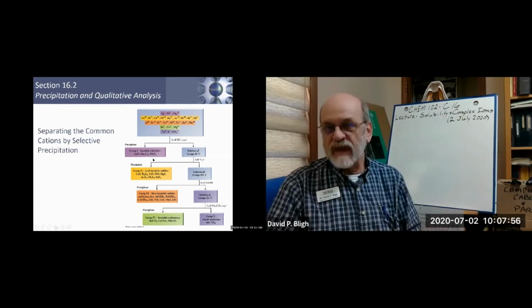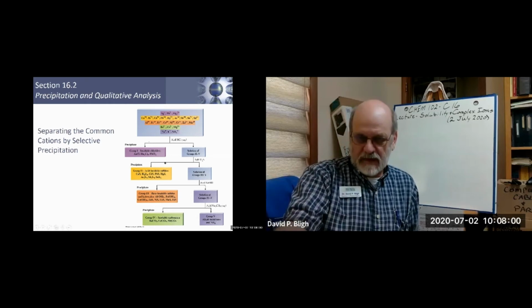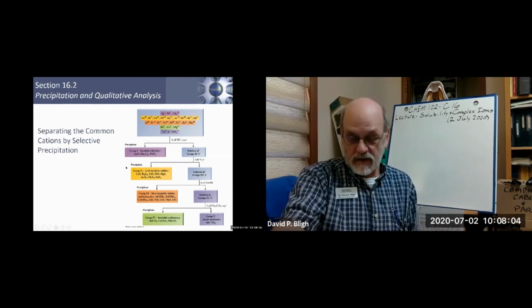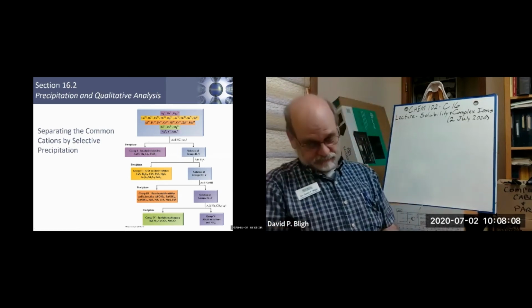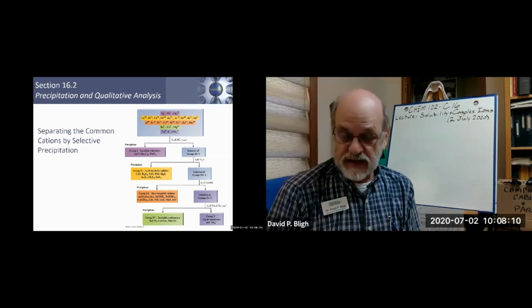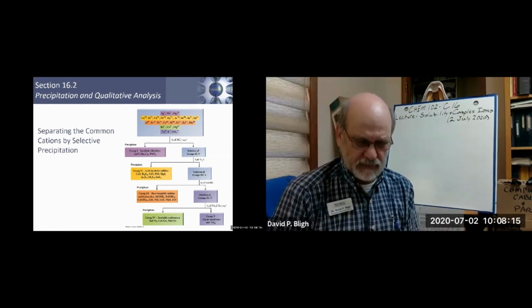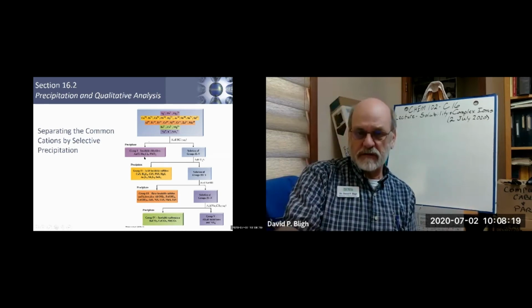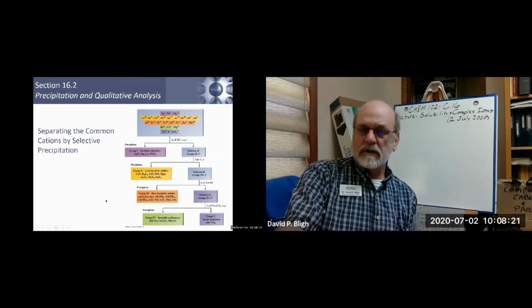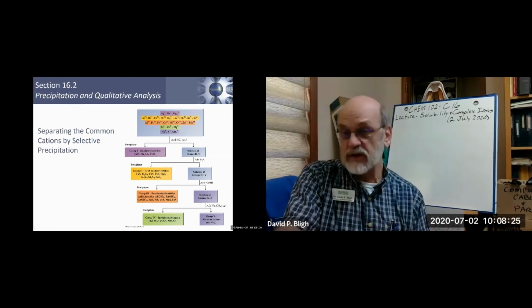If you're a bench chemist and you're charged with the task of separating all these ions, you've got a tall order. And not just the additional steps, but every time you conduct an experiment or procedure in this tree, you're not 100% efficient.